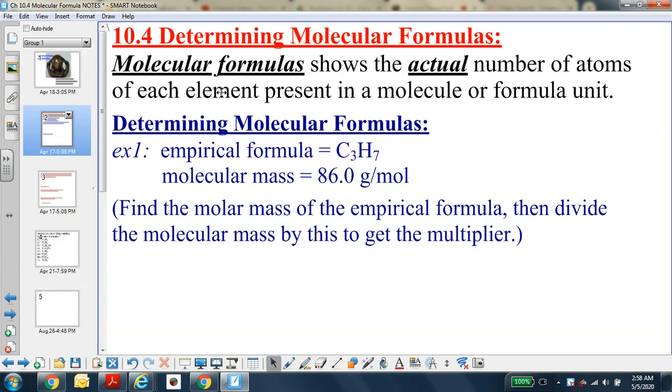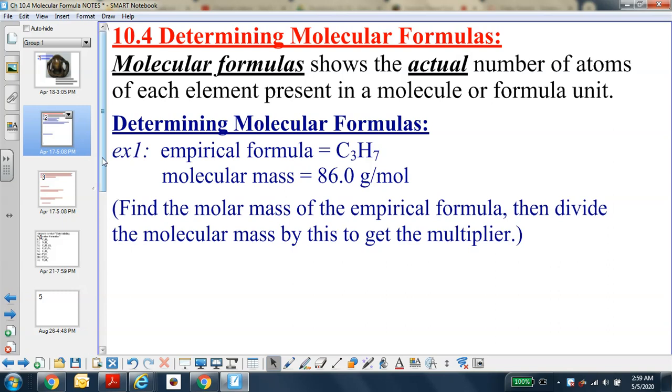Molecular formula shows the actual number of atoms of each element that's present in a molecule, or a formula unit if you're talking about an ionic compound. So if we are given the empirical formula and we have the mass of the molecule, we can easily get a multiplier and determine what the molecular formula should be.